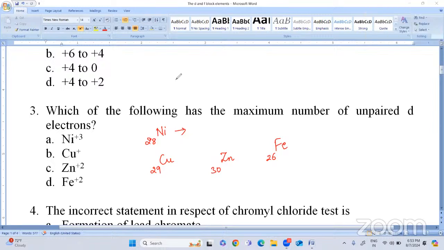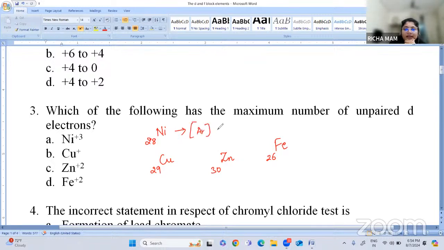Yes, for each element you have to see and tell which will have the maximum. Just try. I'll write the electronic configuration, then you tell. Argon, then 3d8, 4s2. Argon is 18, then 3d8, 4s2. Copper, write for copper now.